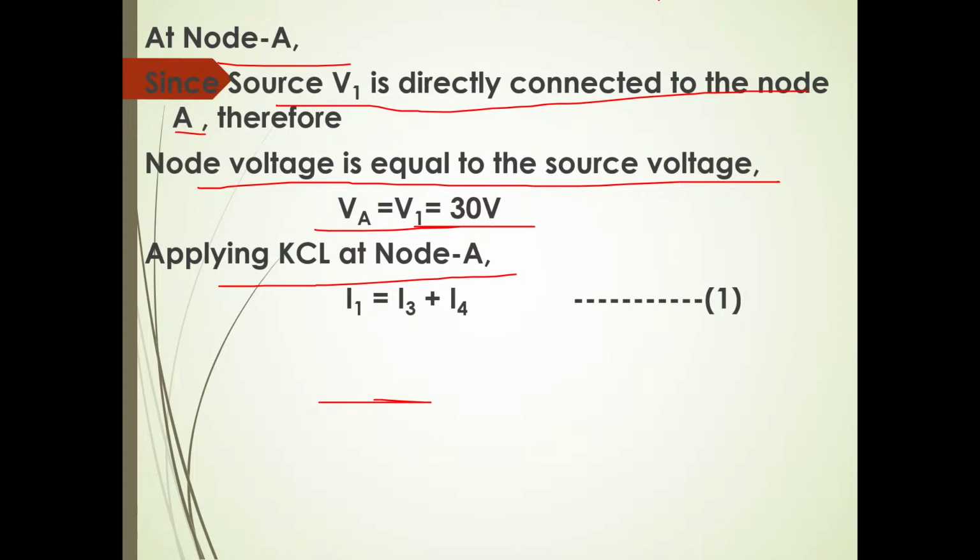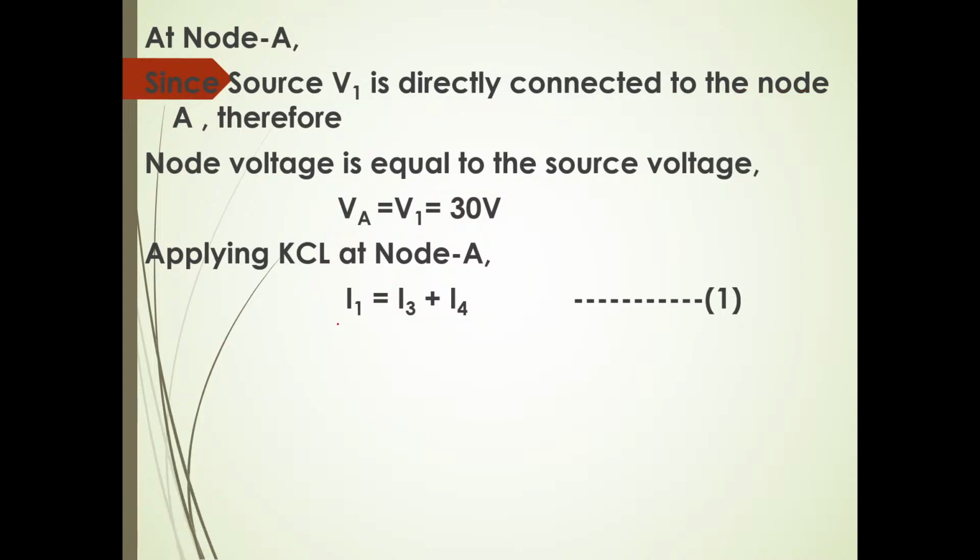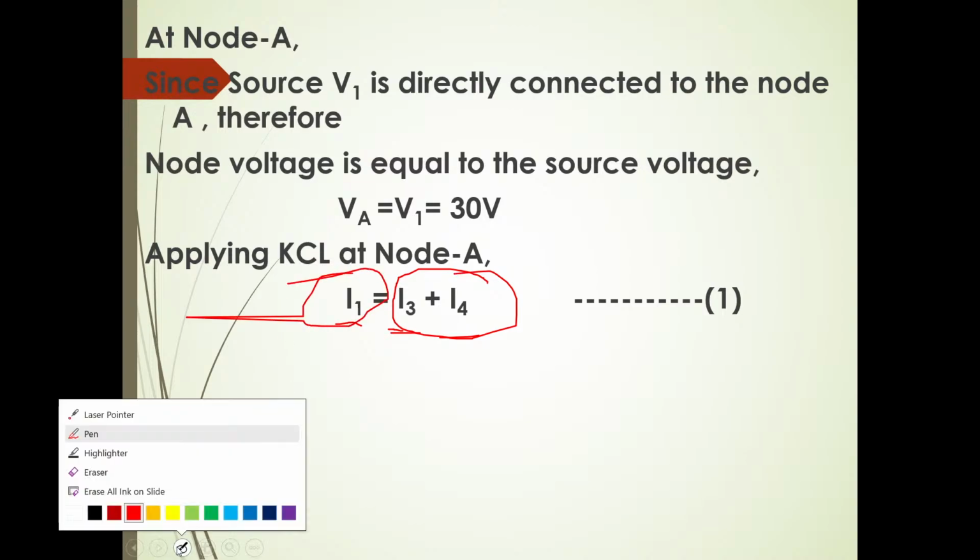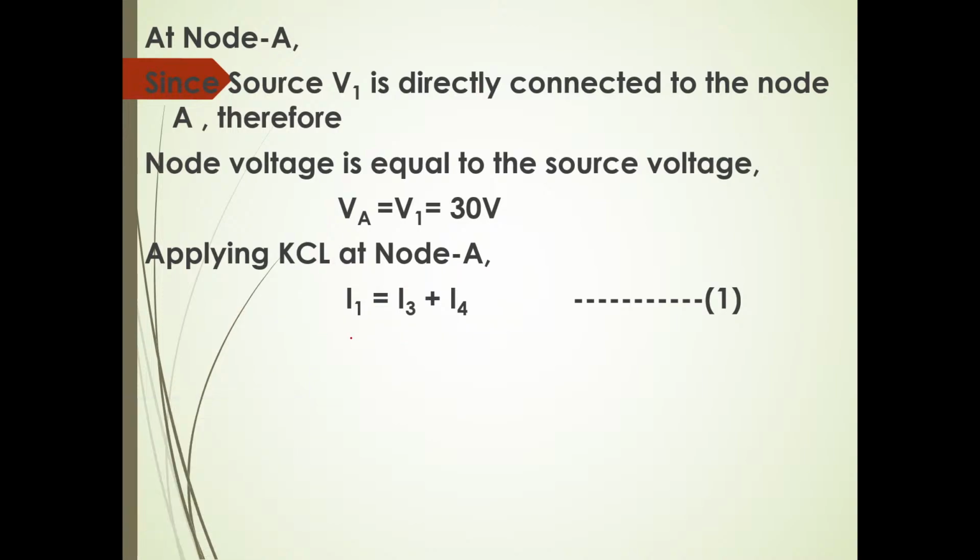Only one entering current is there, that is I1, and two leaving currents, I3 and I4. So the entering current I1 is equal to I3 plus I4. Consider it as equation 1.